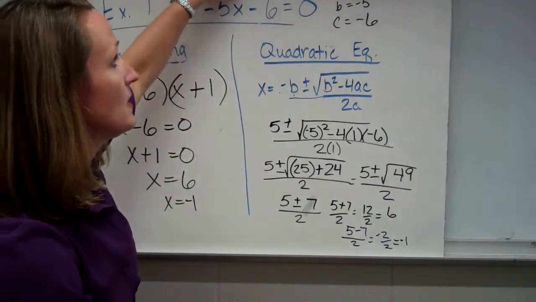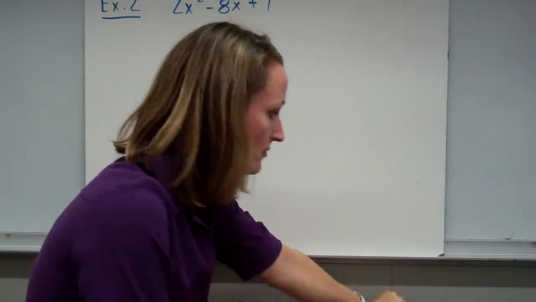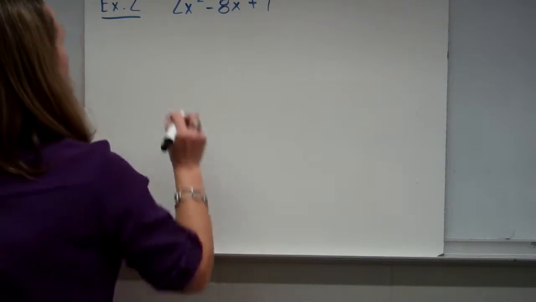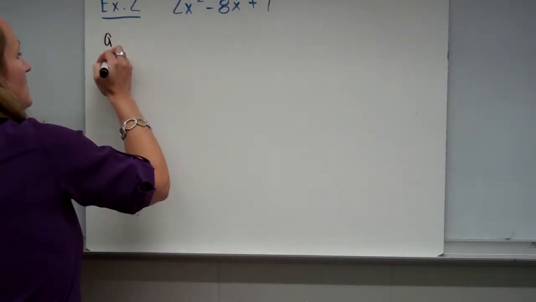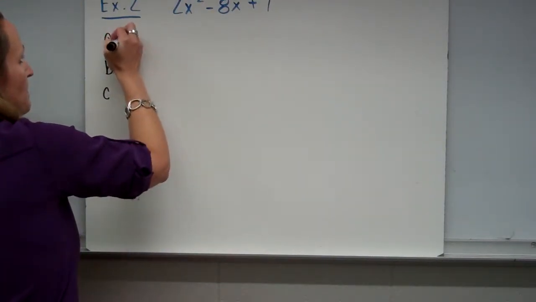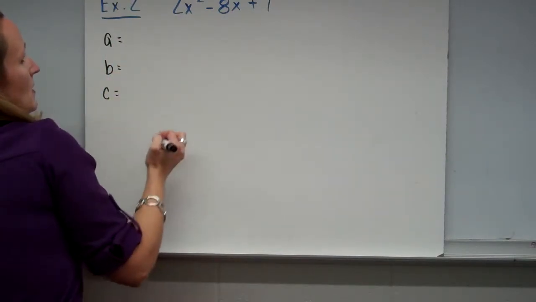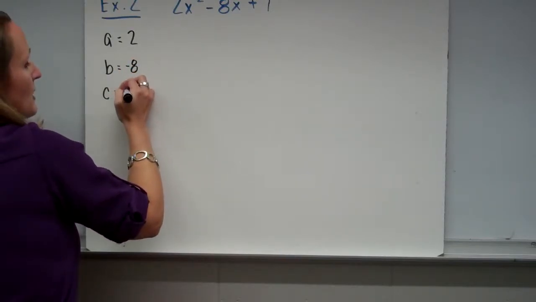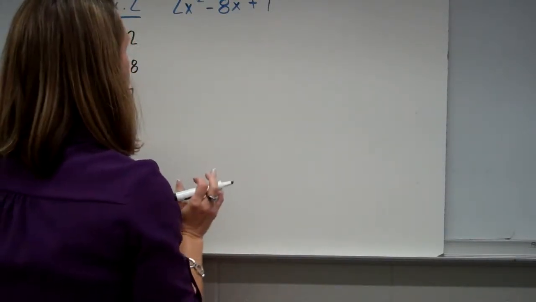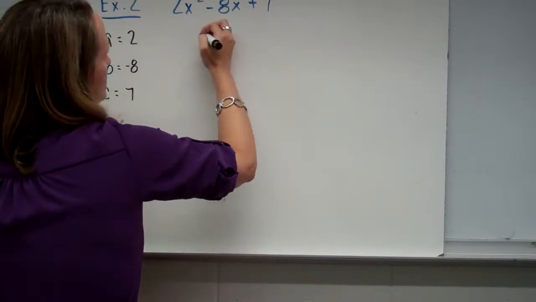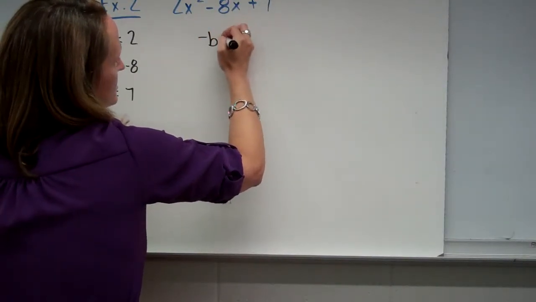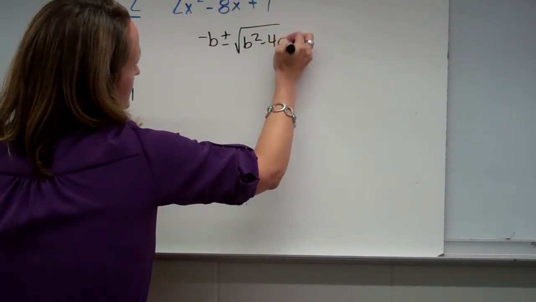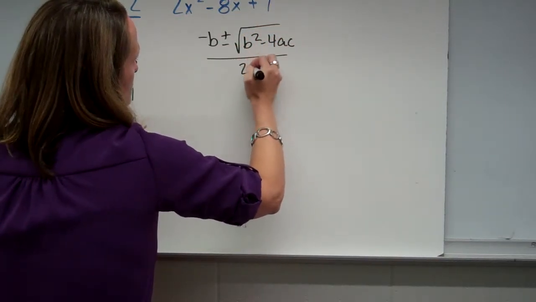So let's try another example. This time, we have to use the quadratic formula. So let's start out by identifying a, b, and c. All right, 2, negative 8, positive 7. All right, let's write our formula. Opposite of b, plus or minus, square root of b squared minus 4ac, all over 2a.